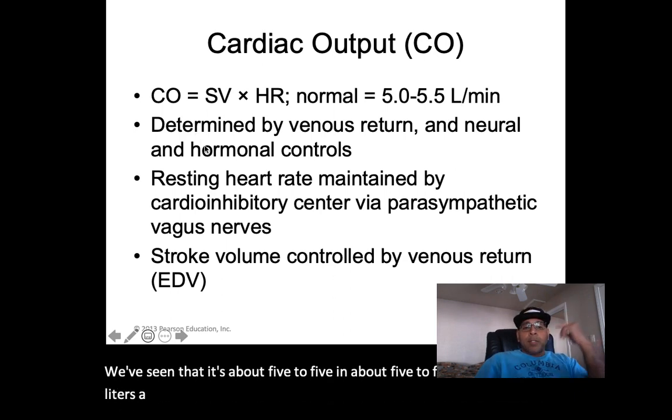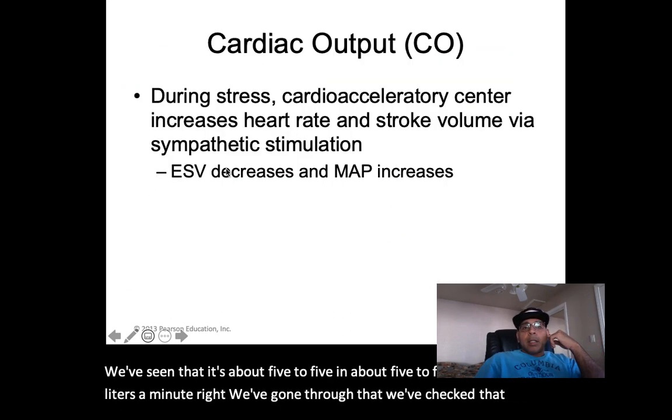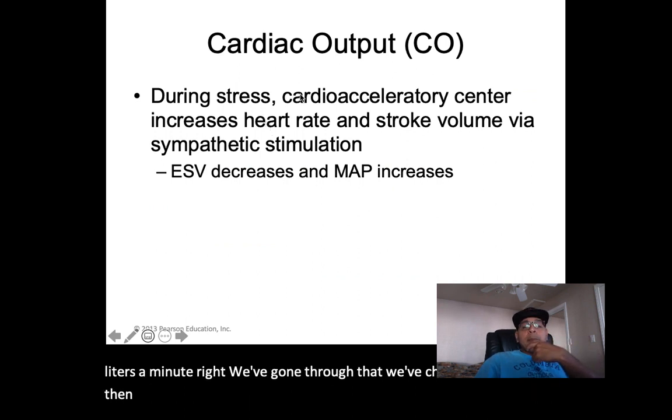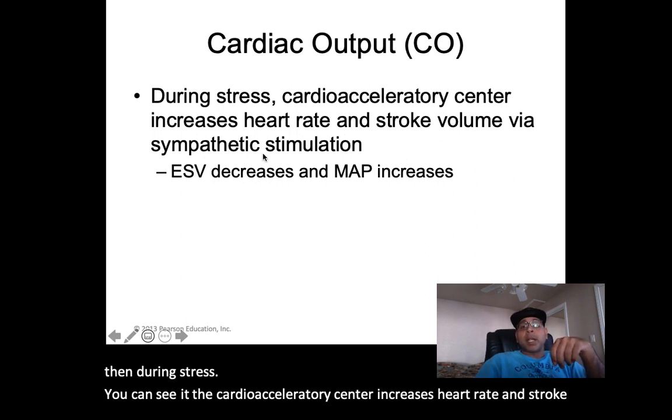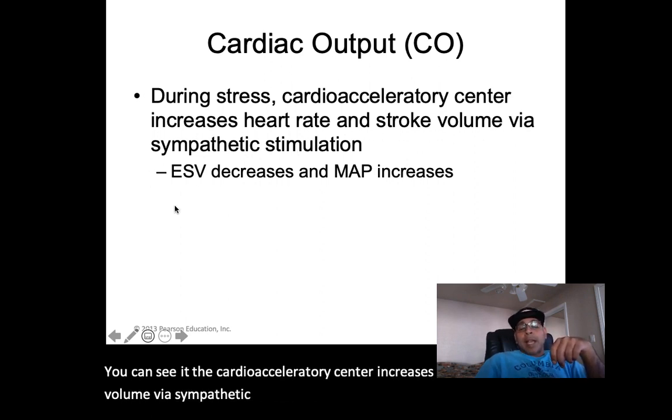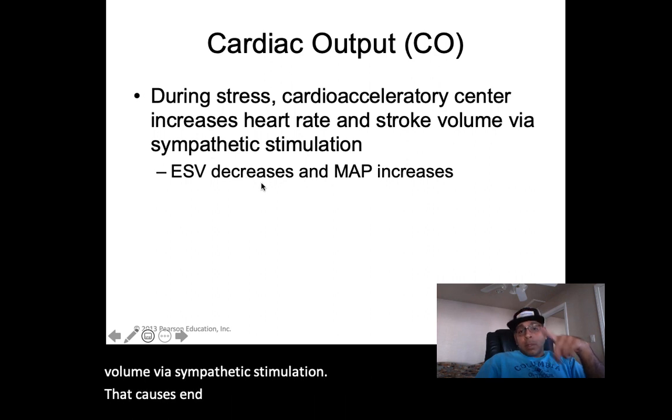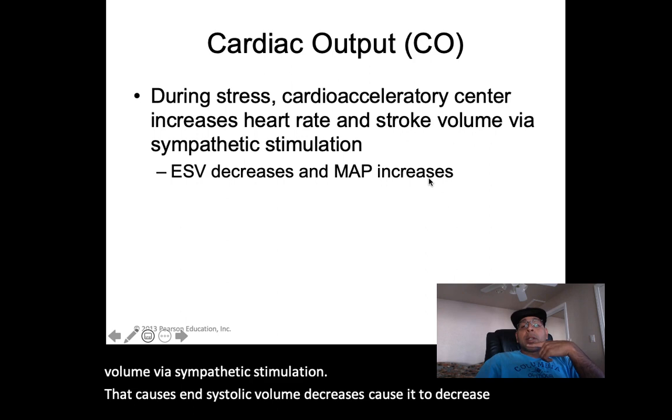Right? We've gone through that. And then during stress, the Cardiovascular Center increases heart rate and stroke volume via sympathetic stimulation. That causes end systolic volume to decrease, and mean arterial pressure increases.